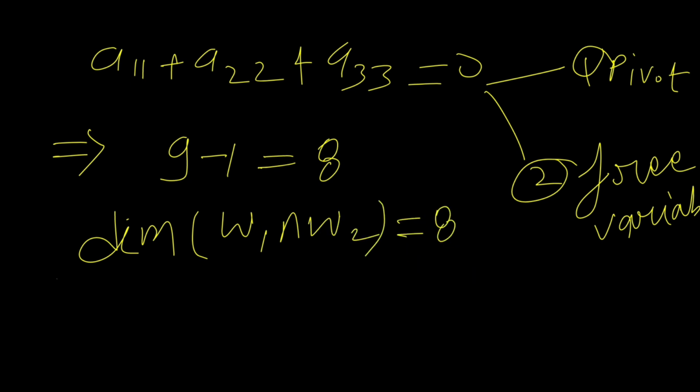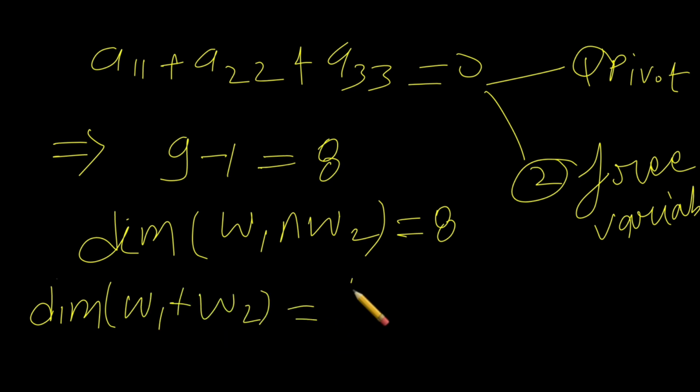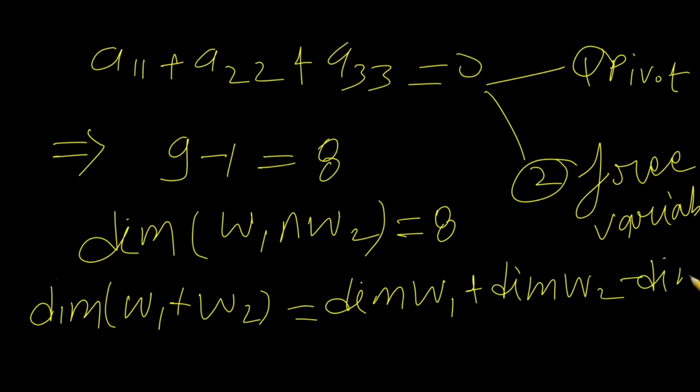Now we know that the dimension of W1 plus W2 is dimension of W1 plus dimension of W2 minus dimension of W1 intersection W2.